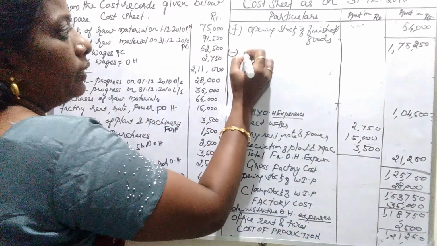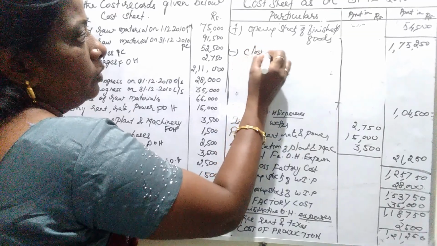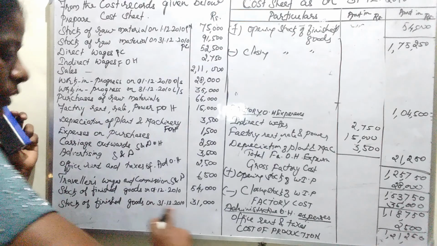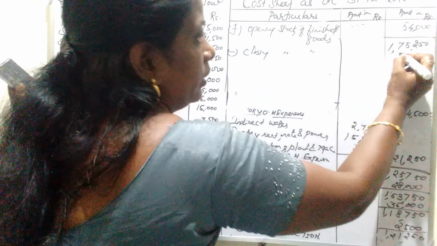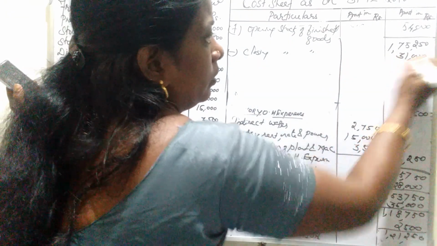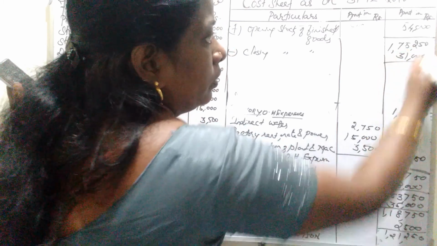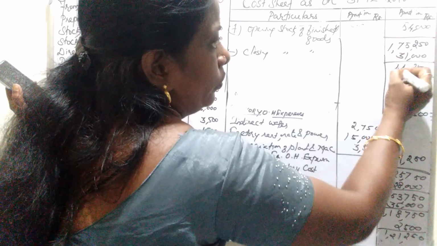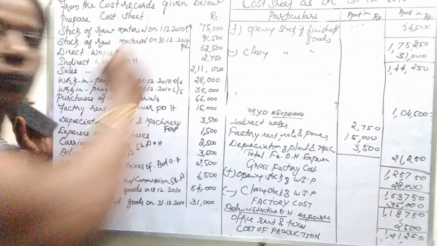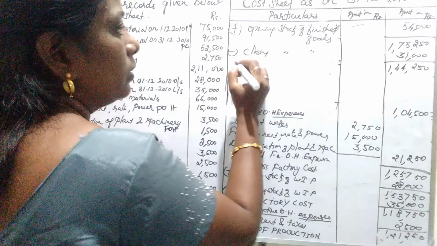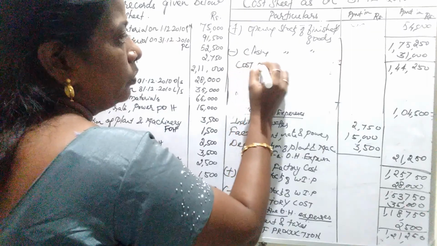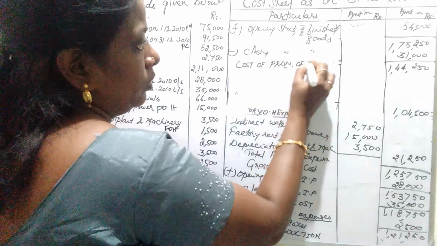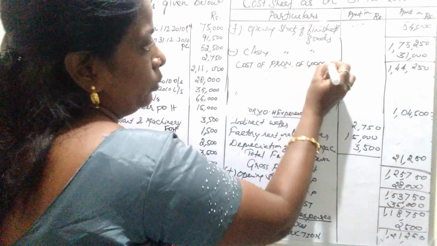Then we have to deduct the closing stock of finished goods. The amount of closing stock of finished goods is 31,000. So 1,44,250 is the cost of production of goods sold.